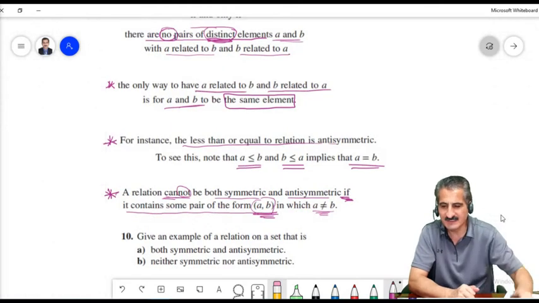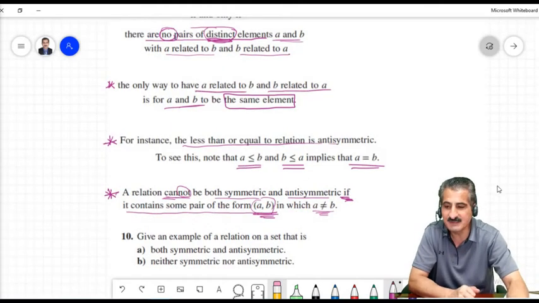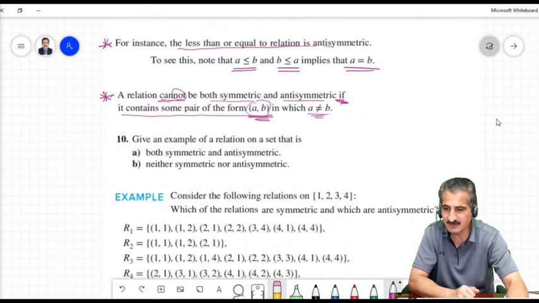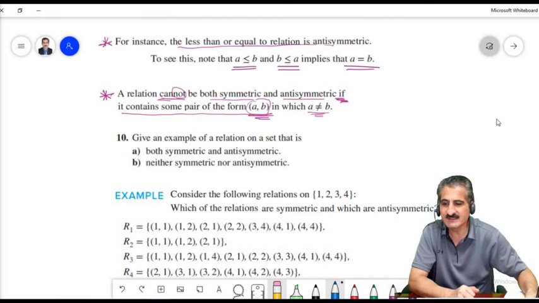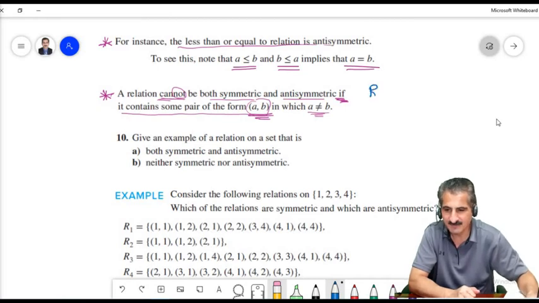Now, why is that true? Let's stay here. If R is symmetric and AB belongs to R, then we must have BA belongs to R, because we are saying it is symmetric.